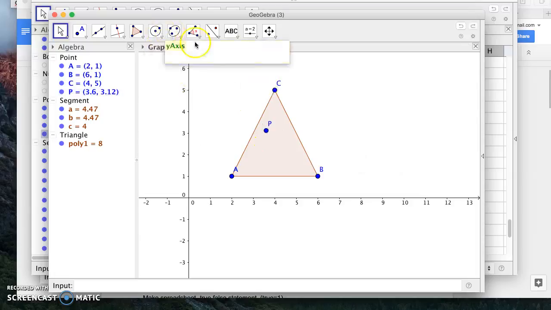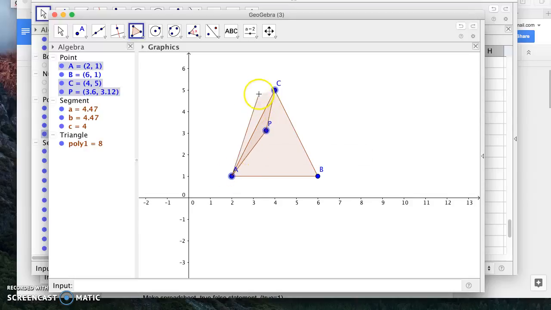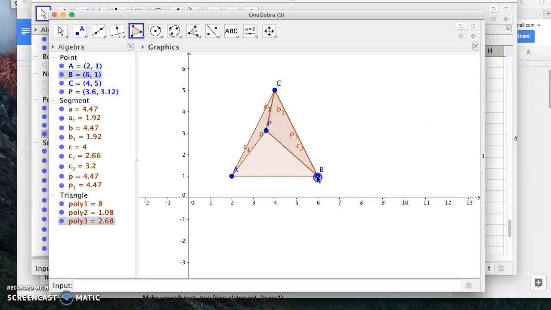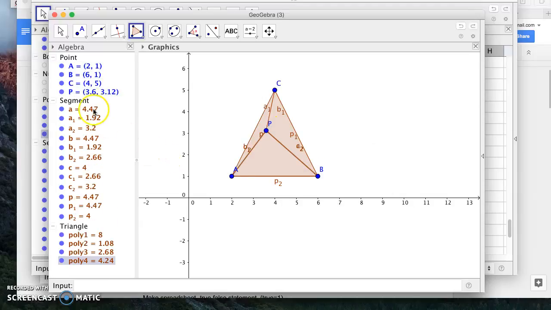And so now I am going to create 3 different triangles within the triangle ABC. So here you see we have 1, 2, and 3. So once again, I'm going to declutter this as much as possible. And there we go. Okay.